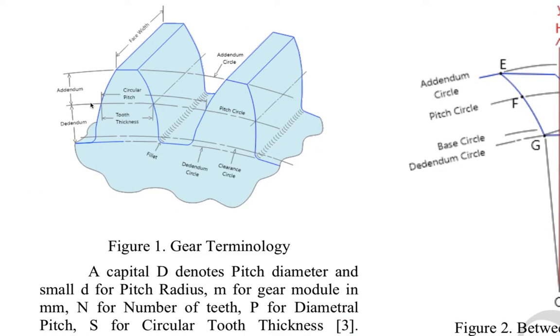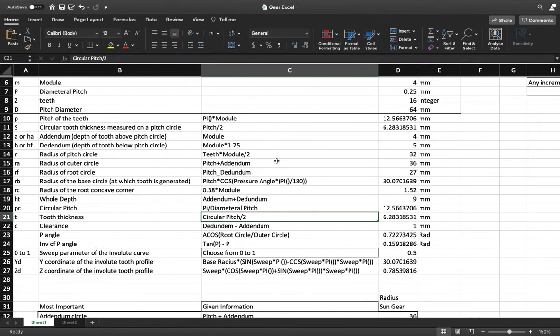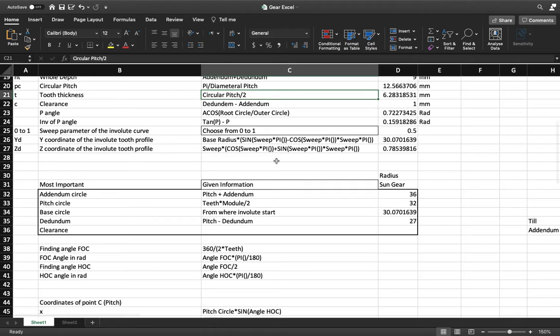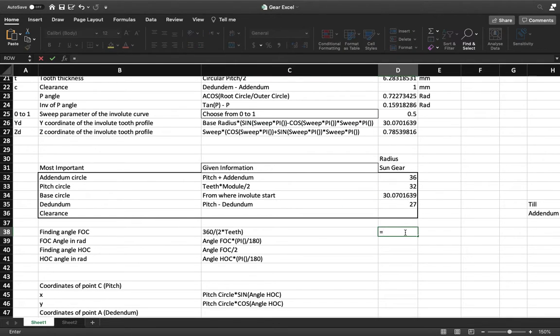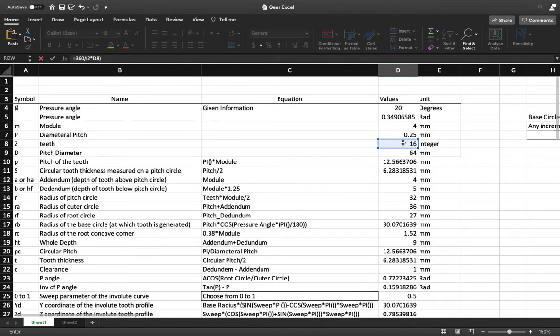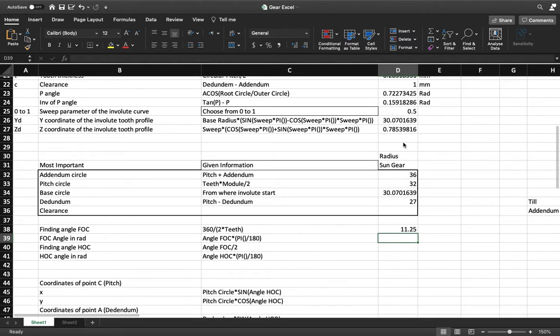The thickness at the pitch radius, the thickness of the tooth, is the same as the distance between each tooth. So we will use this information, and this is the most important part in my research. 360, because it's a circle, divided by 2 multiplied by the number of teeth. It's up there, but I know it's 16, but just to be simple, 11.25.